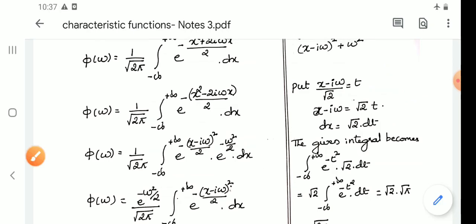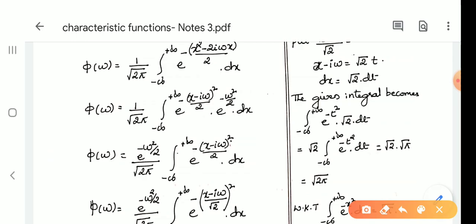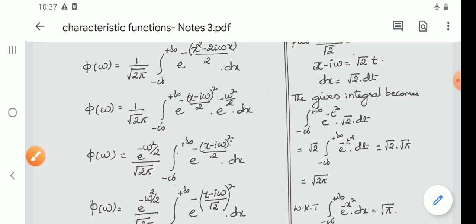The integral now is in the form integral minus infinity to plus infinity e to the power minus t square into root 2 into dt. This root 2 we have taken common outside. So, the integral becomes minus infinity to plus infinity e to the power minus t square dt.